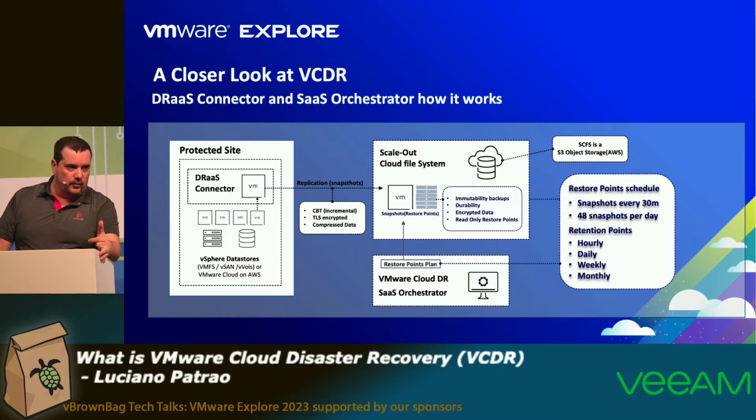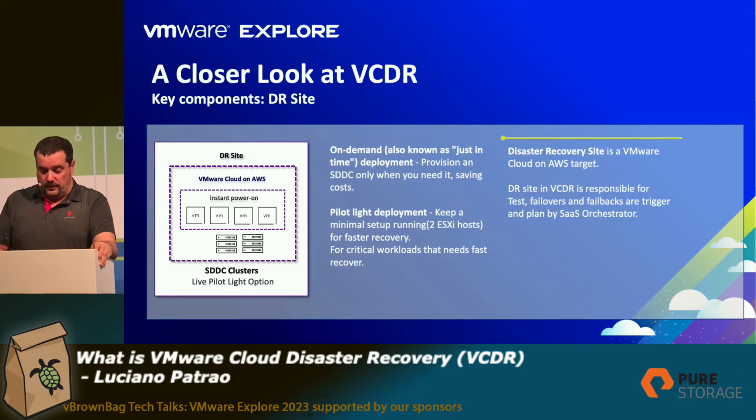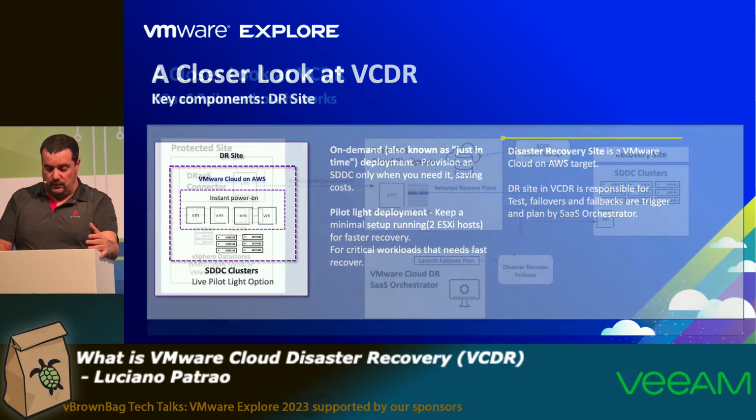That's up to you and up to the backup plan that you build for your recovery plan. As I explained, this is on-demand and pilot light. I already explained this, but this is the third component that we'll use.